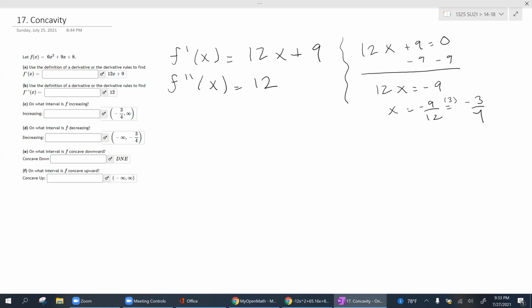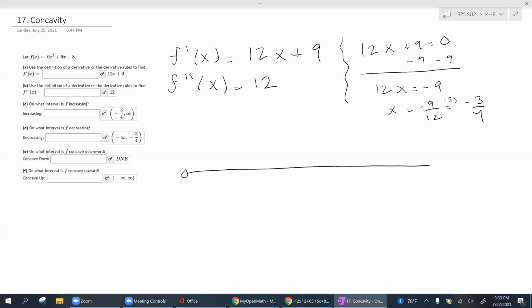So you can go ahead and apply the first derivative test, and you're going to see how we can use the second derivative test to tell us about concavity.